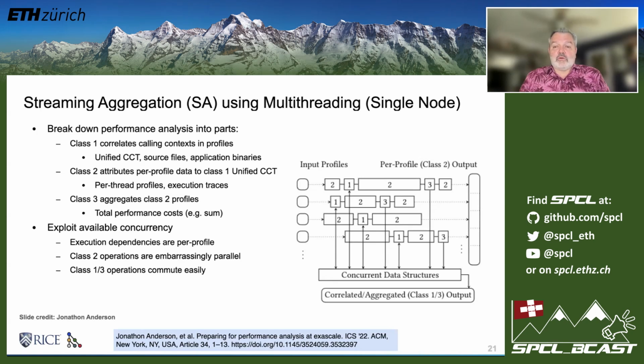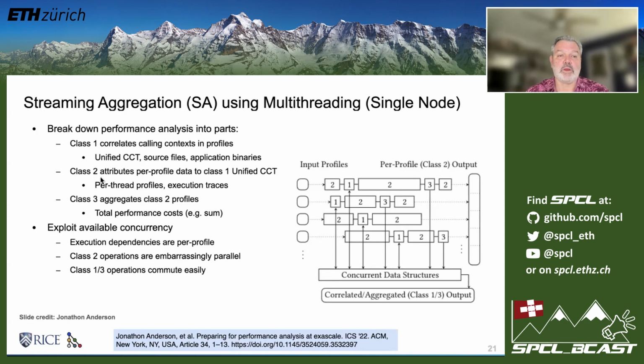Now, because we're using sampling to collect these, we end up with different node numbers in different threads, and we have to make sure that everybody agrees. So when main calls A calls B, everybody's going to agree that the call to B is node 6 in the calling context tree. And so we have to unify the trees across threads in a node and across all of the MPI ranks in a program.